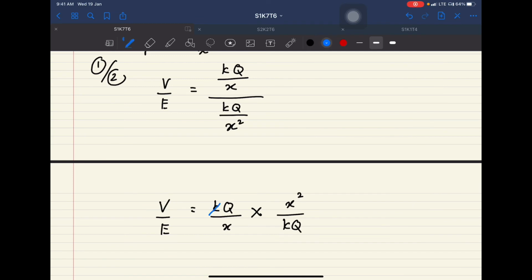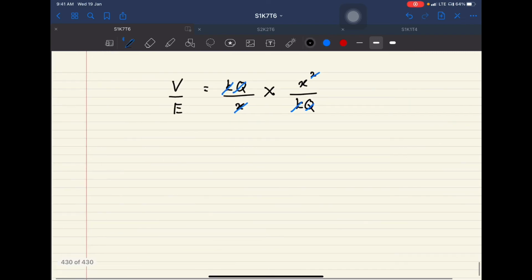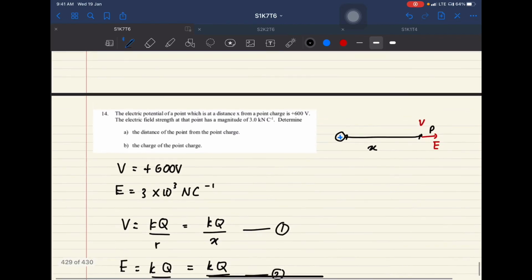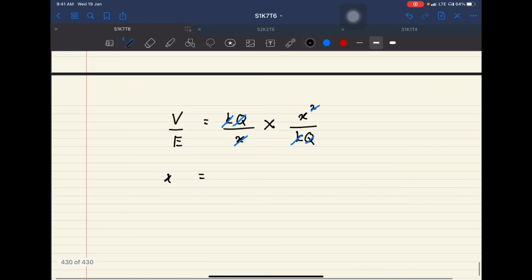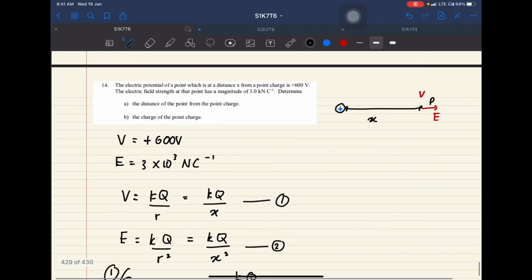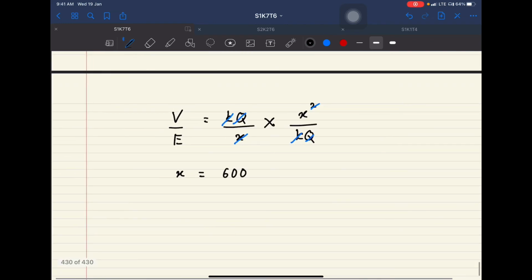You can see clearly this one cancels out, and you are left with X. So your X is equal to potential over E. The potential is 600, and your E is 3 times 10 to the power of 3. So your X here, you should get 0.2. And this is the SI unit, so it will be in meter.